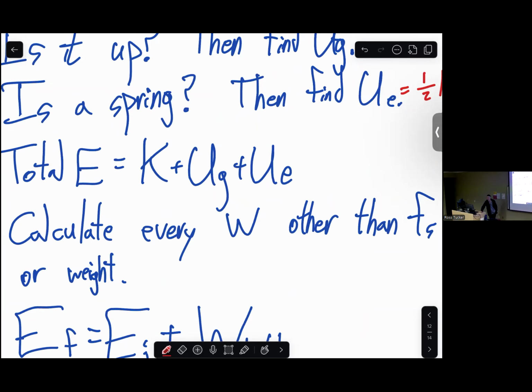Work changes energy. If I've already accounted for spring force and weight force in the potential energy terms, don't double count them, but every other work that applies, calculate them.